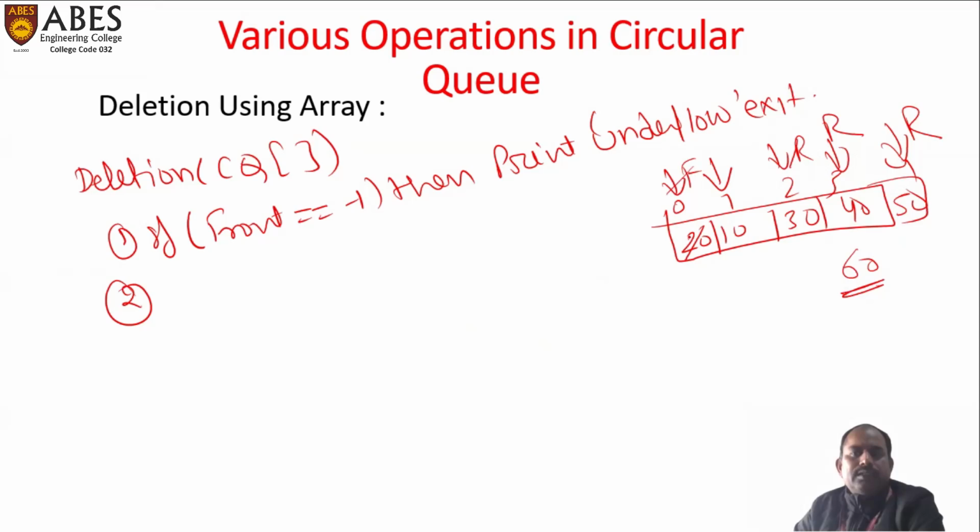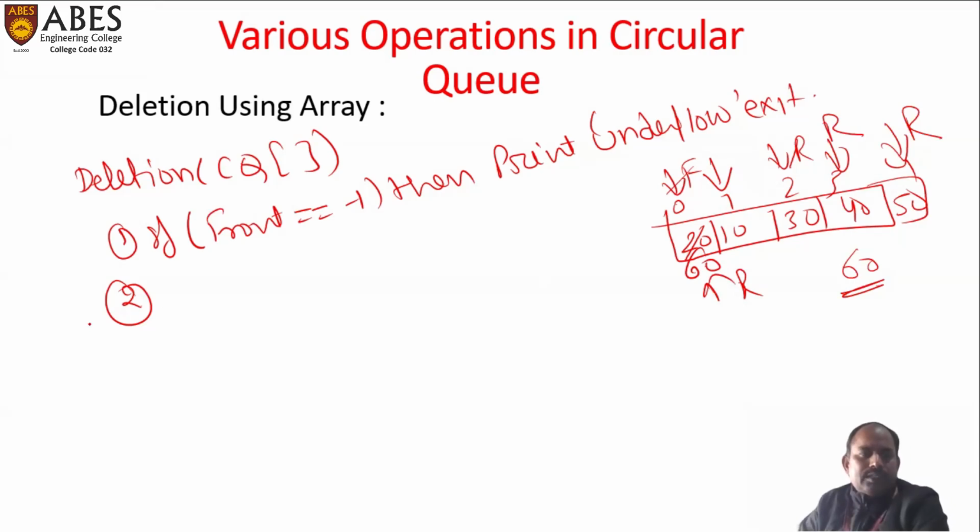So we have inserted this element 60 at this location. Okay. Now rear is at this point. Now we have to see these cases when we are going to perform the deletion operation in a circular queue.